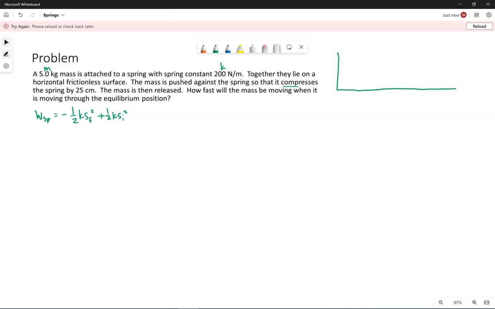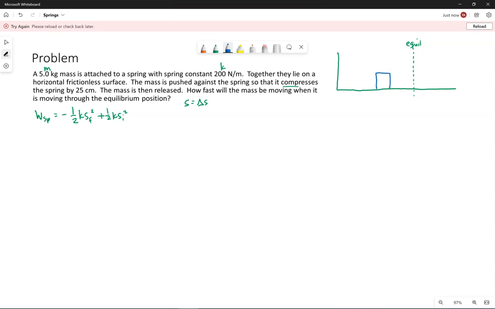So what I'm going to do in my picture, I'm going to draw what I mean by equilibrium. And the reason why is the S. Remember, S in this equation means delta S, means how far the spring is stretched or compressed specifically from equilibrium. So I always draw my equilibrium in, and I'm going to draw this initial moment in time.